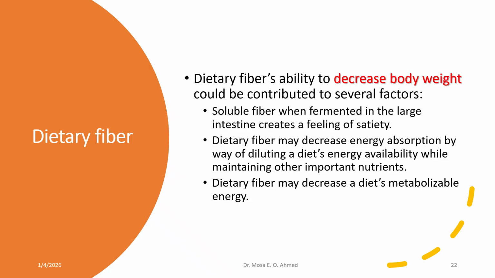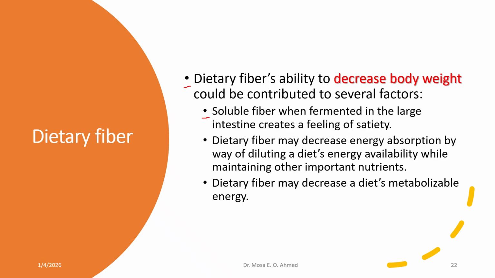One of these diseases is increase in body weight. Dietary fiber has the ability to decrease body weight by contributing through several factors. One of them, soluble fiber, when fermented in the large intestine, creates a feeling of satiety, a feeling of fullness.